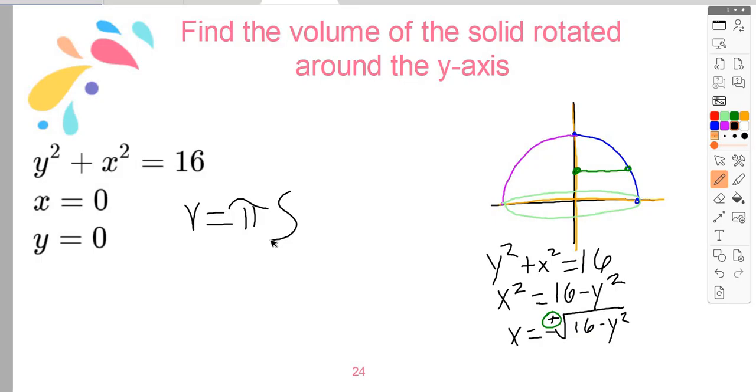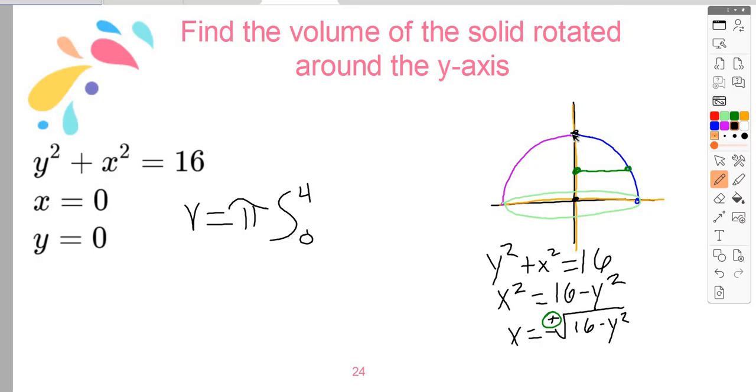What are our bounds in this case? Why is it 0 to 4? Because remember that my bounds this time need to be in terms of y. Now if we were in terms of x, we would get a different graph.